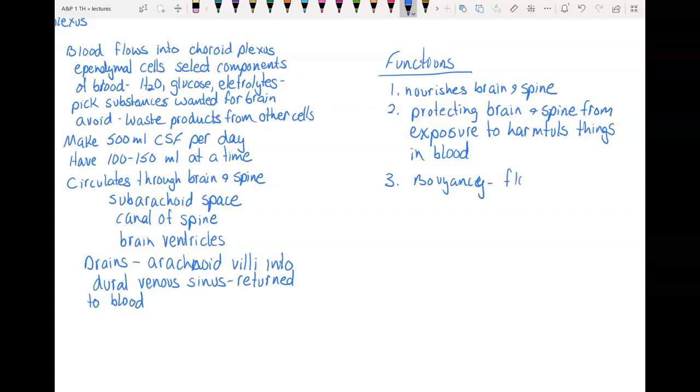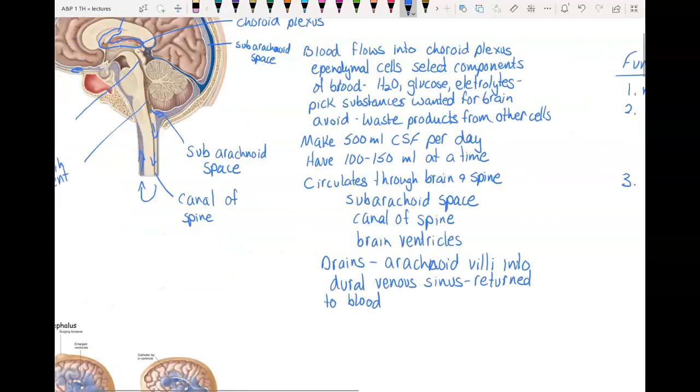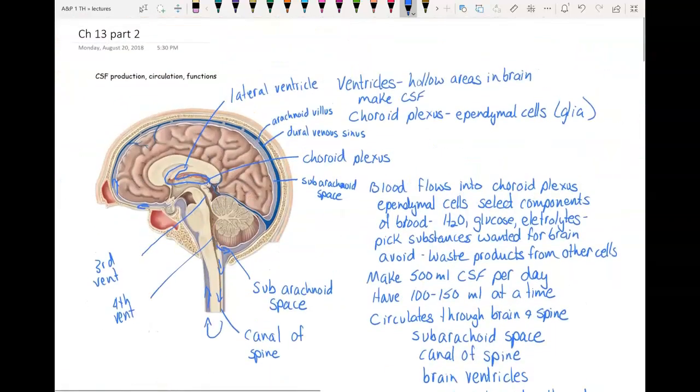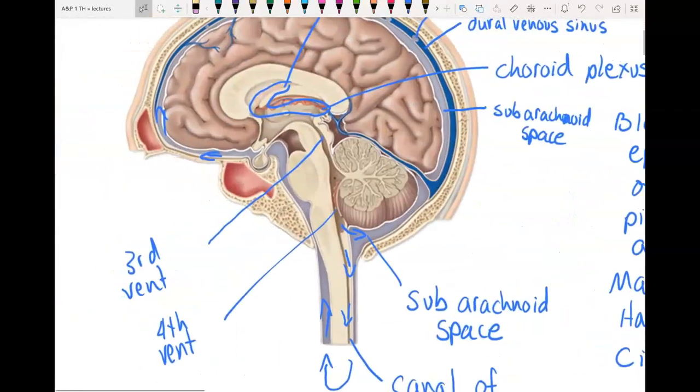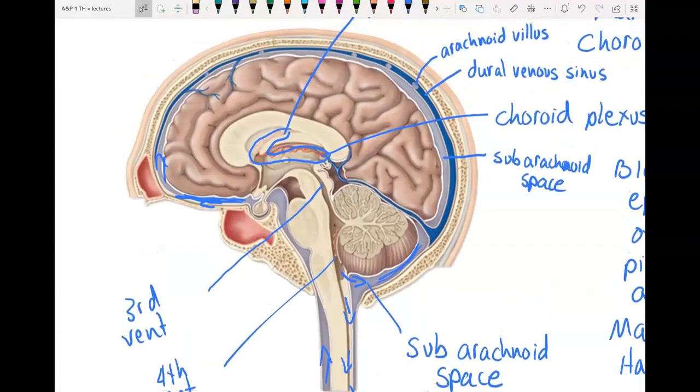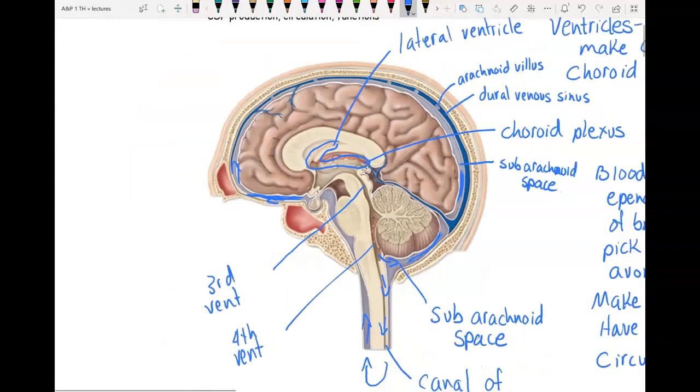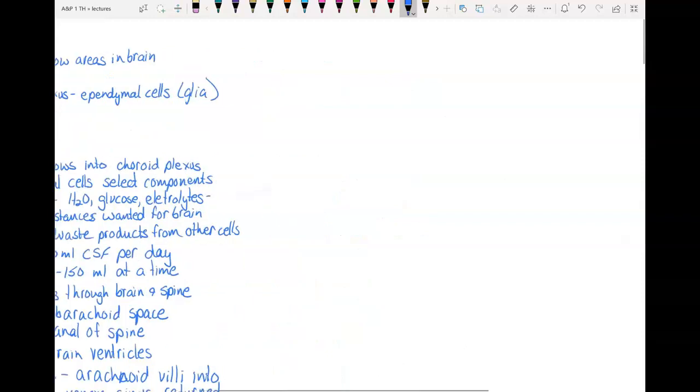Buoyancy means floating. Your brain actually floats inside your head. If you look at this picture, see how all along the bottom here, you have this cushion of cerebral spinal fluid? At no point is your brain actually touching your bones. Even like when you lay down, look here on the back, that cushion. So it provides this cushion between your brain and your bones.